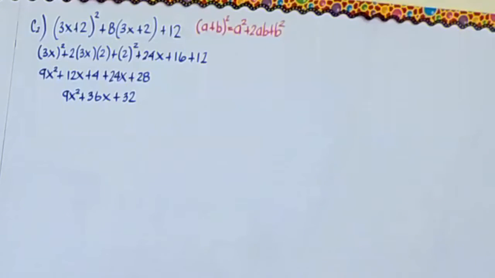Olvídese del término del centro. Haga como que ese 36x que usted está viendo ahí no existe. We're just going to focus on the first term and the last term. We're going to split the x squared in two parts, looking for a combination of two numbers whose product gives us 9.